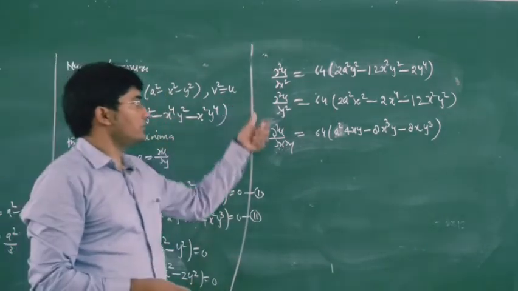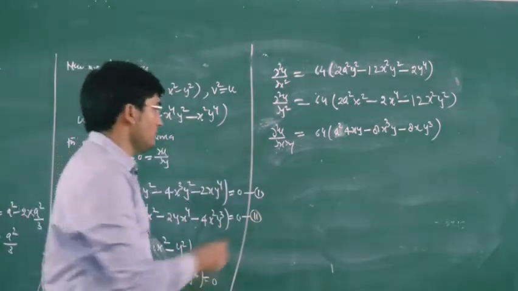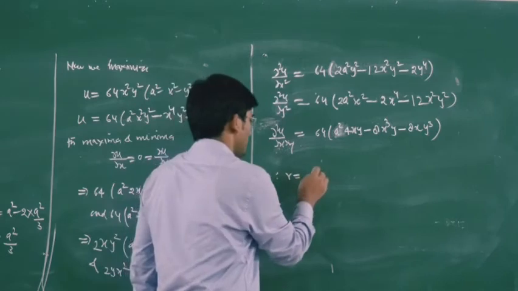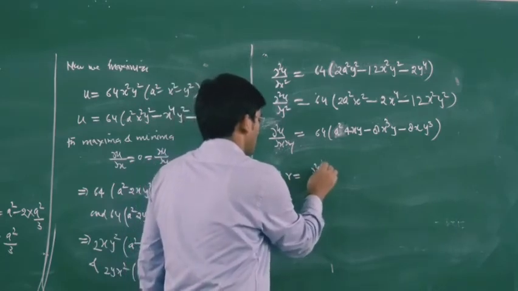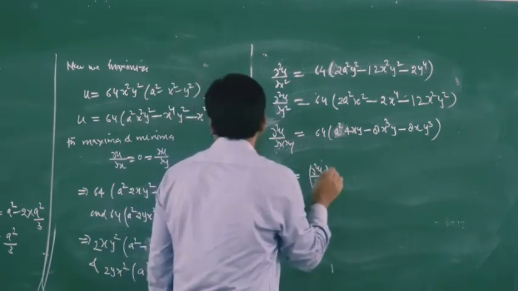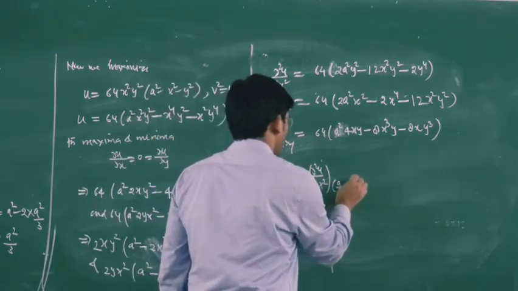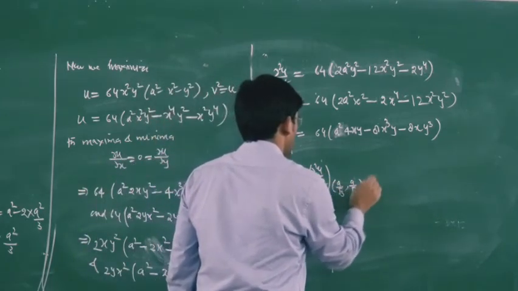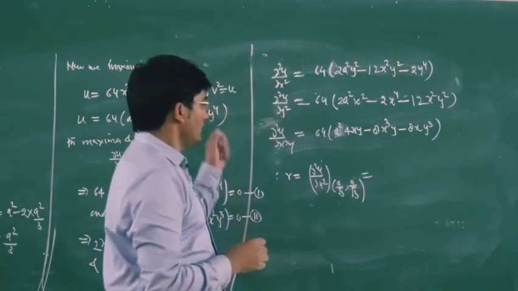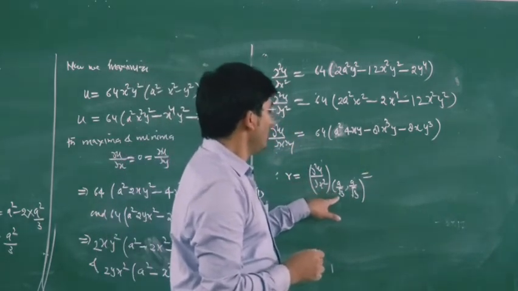So we have the values of the double derivatives. Therefore your r at (a upon root 3, a upon root 3) is equal to, now just put the value of x and y.